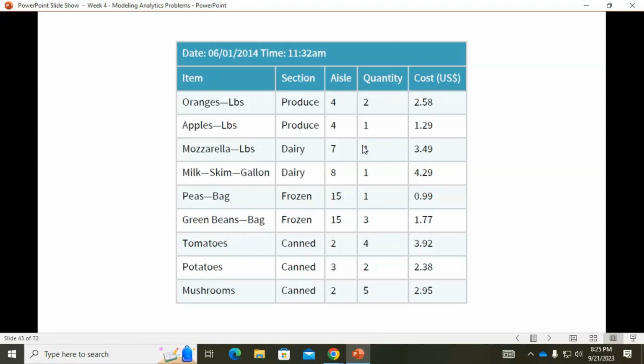Okay, quantity, moving on. Ratio, because it's numeric, and 0 is an absence of the thing. That one's easy. And cost?